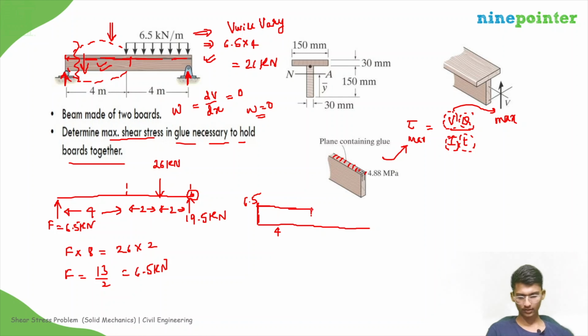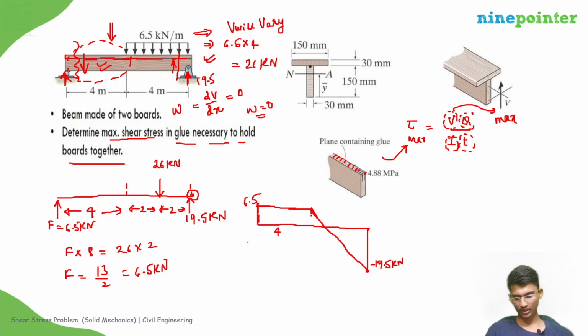So after this, see here the shear force will be, so this is 19.5. So here the shear force will be negative, minus 19.5, right? So from here to here it will vary. So somewhere in between it will be 0, which will go to here, right?